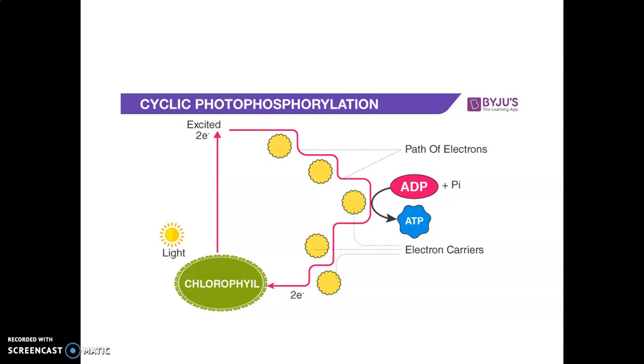So the process through which ATP is synthesized by cells is named phosphorylation. Photophosphorylation is the synthesis of ATP from ADP and iP, that is inorganic phosphate, in the presence of light.